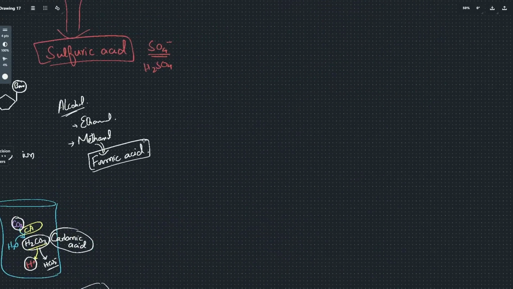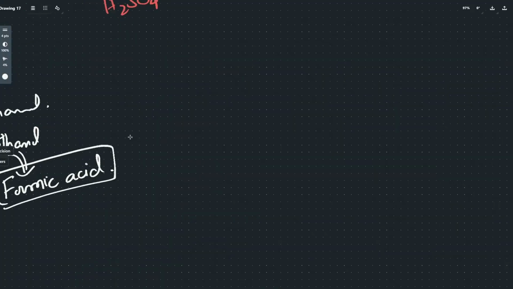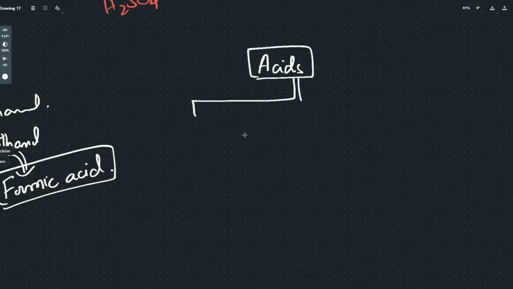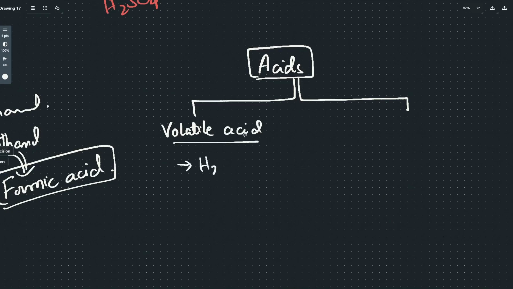Out of all the acids that we have discussed in our body, we actually classify the acids into two types. We have volatile acid, which is H2CO3 slash CO2, and we have fixed acids, or non-volatile acids.